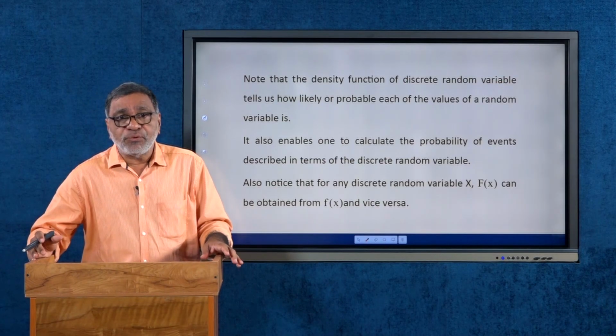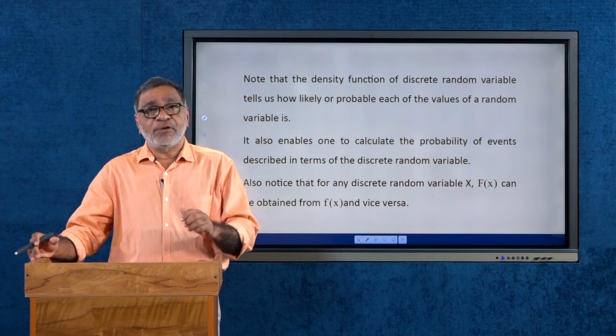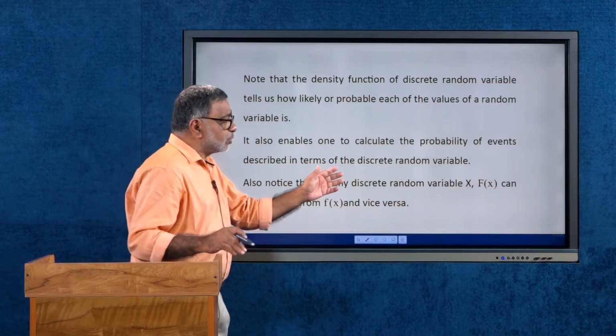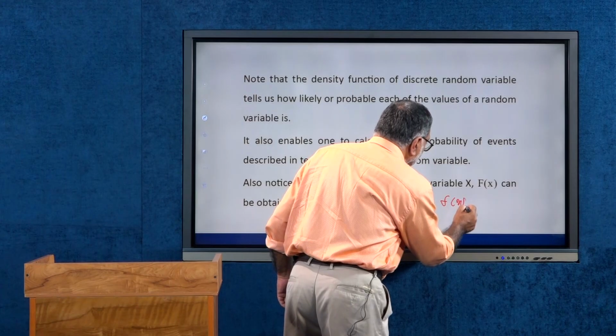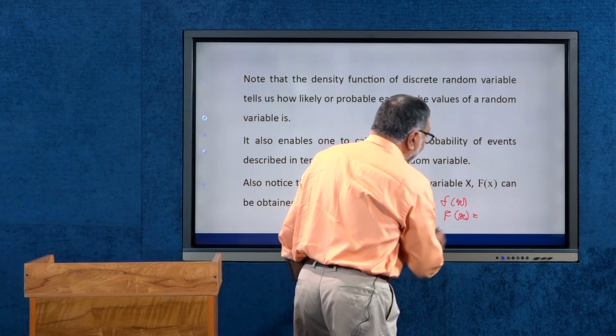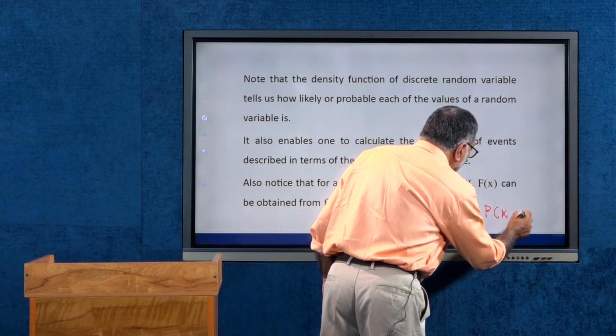Also notice that for any discrete random variable x, small f of x can be obtained from capital F of x and vice versa. That is, suppose small f of x is given, that is the probability mass function is given to you, you can find the capital F of x, and earlier we defined the F of x definition as probability of X less than or equal to x.